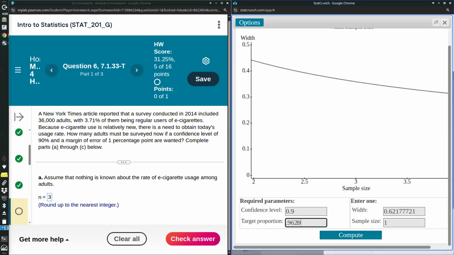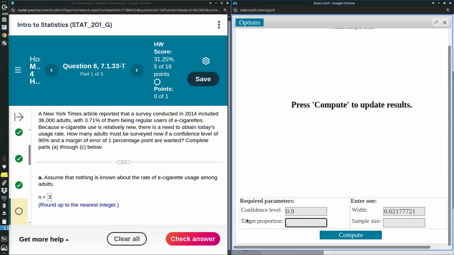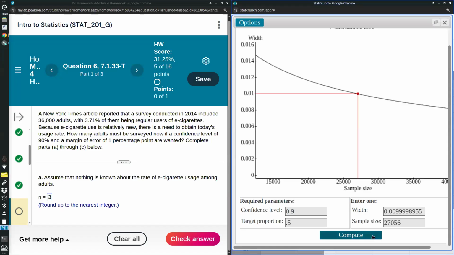No, that's wrong. Let's keep this at 0.5 and let's make that margin of error of 1 percentage point. Maybe we make that 0.01 or 0.02. See, and then we're getting something more realistic. So if we entered 0.01, it's going to round a little bit.